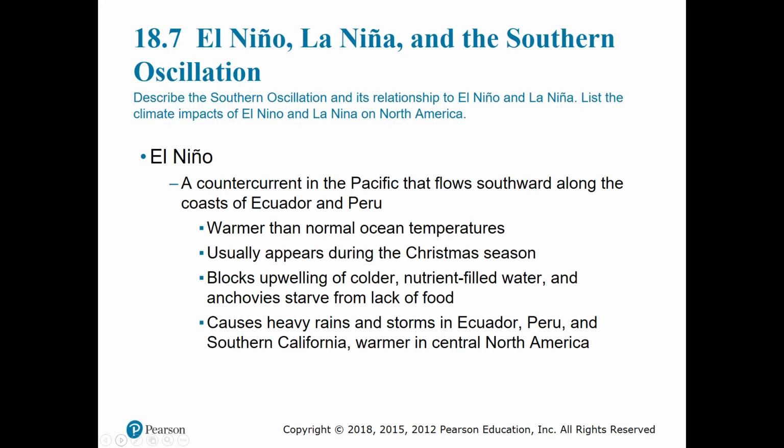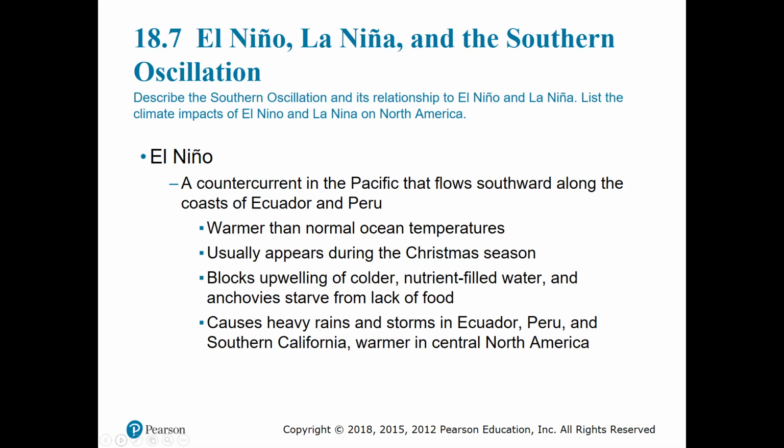El Nino was first recognized by fishermen off the coast of South America, Ecuador and Peru. What they noticed is that sometimes in December and January, the waters of the Eastern Pacific got warmer than normal.